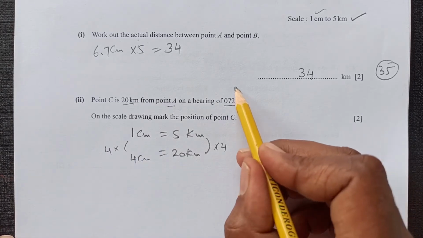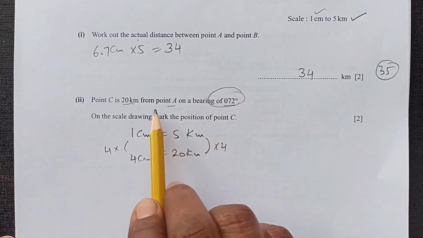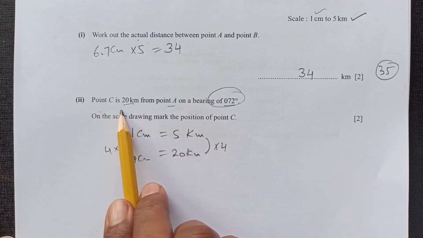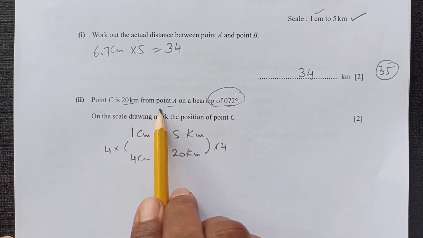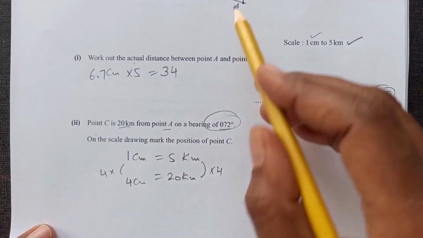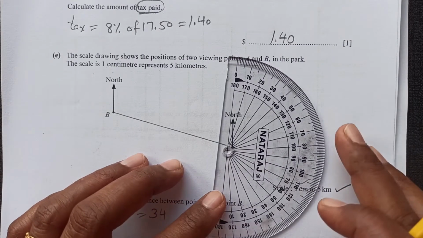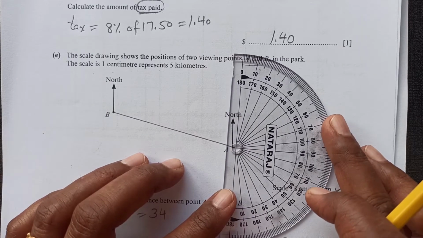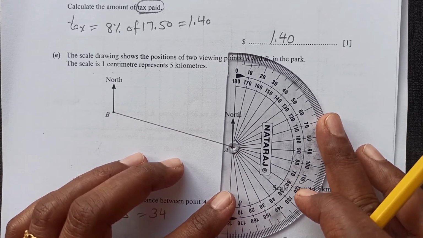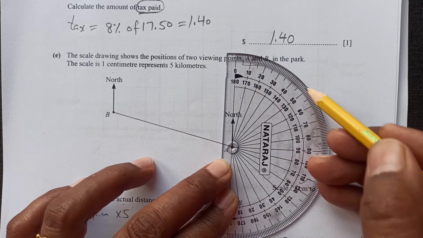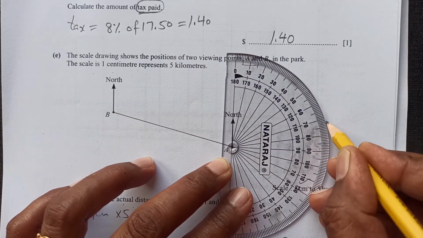Point C is 20 kilometers from point A on a bearing of 72. We are talking about this point A, so we need to make an angle of 72 here. So 72 is here, right?